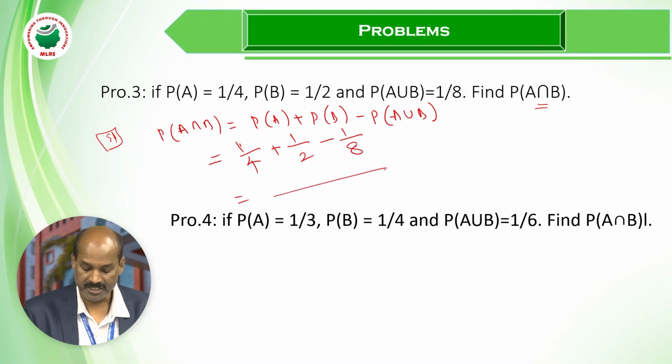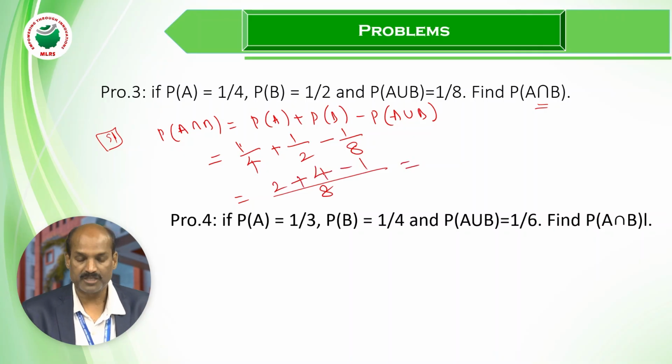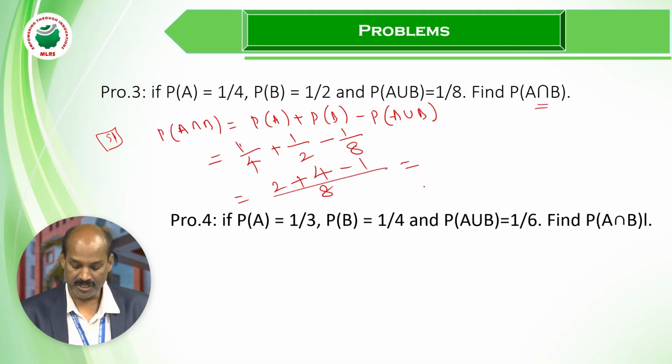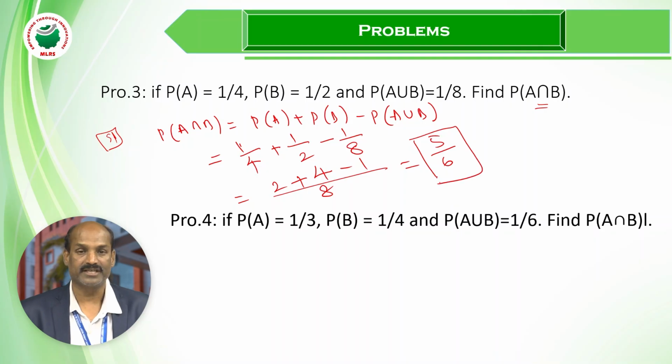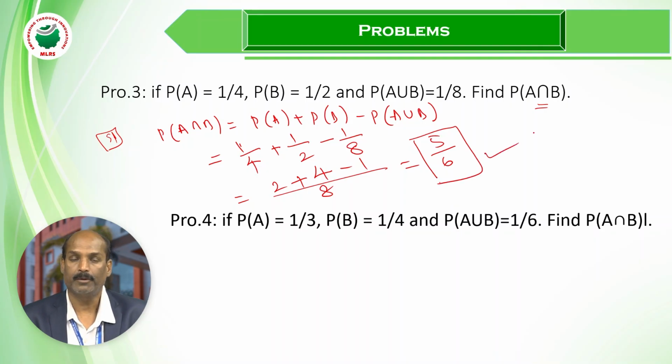Then take LCM here 8. So 4 2 and this is 4 minus 1. 2 plus 4 is 6. 6 minus 1 is 5. 5 by 6 is the required probability of A intersection B. So like this you can solve any problem related to the additive rule.